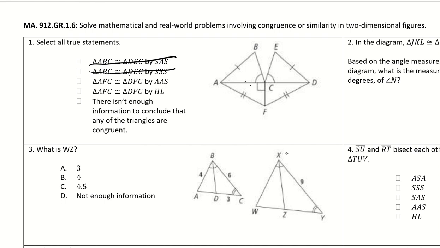AFC. So we got a side, and then we got an angle. Because this is a right angle, then this is also a right angle. And then we got the side here. This side is congruent to itself by reflexive property because those two triangles share that side.